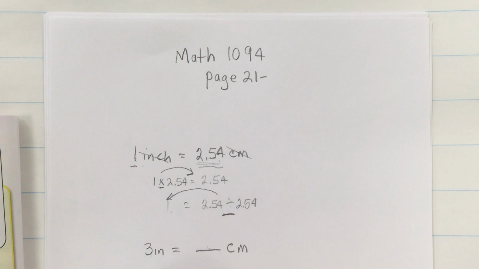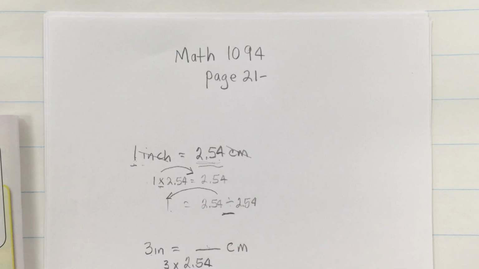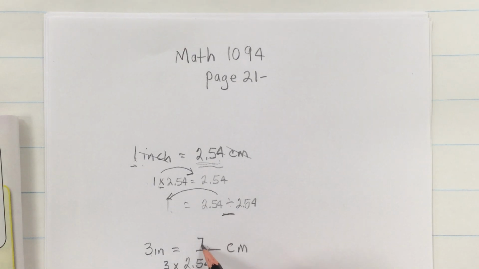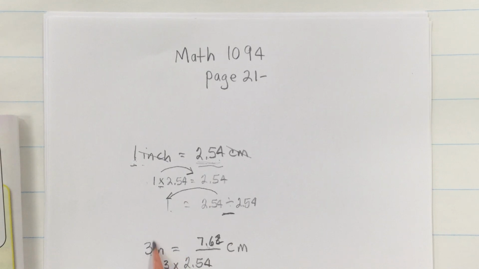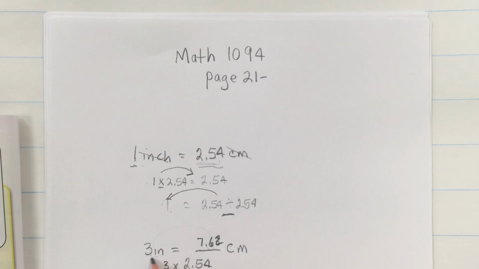So we're going to have to multiply 3 times 2.54, which gives us 7.62. All right, so notice that 3 is smaller than this. So as we go from small to big, we have to multiply. Big to small, we have to divide. When we throw in there our measurements, we should be able to get it.